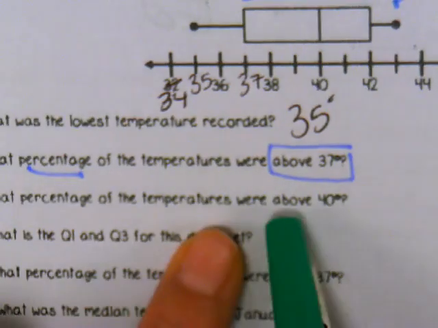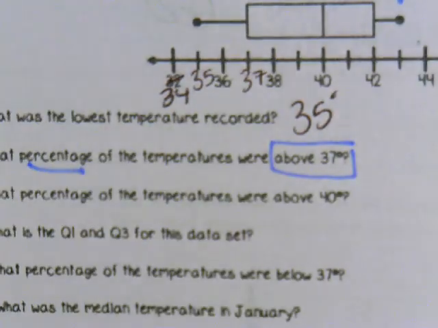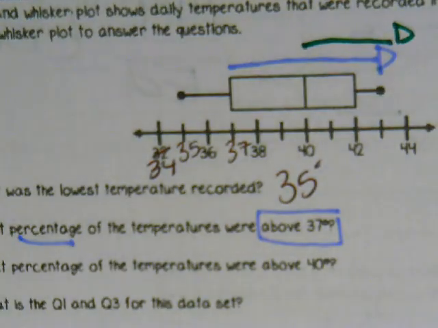Okay. What percentage of the temperatures were above 40? So from 40 above. How many sections is 40 and above? What's the percent of 40 and above? 50.